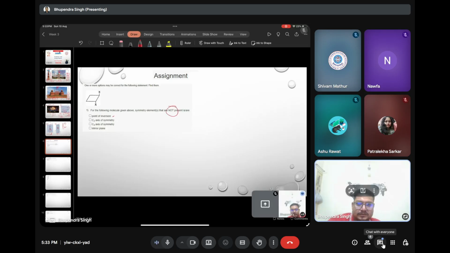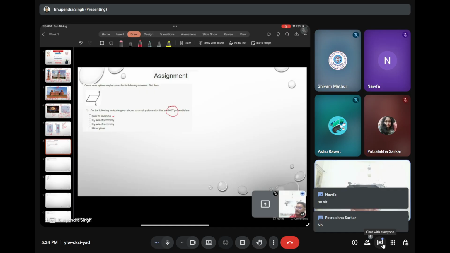So the first one is point of inversion. Is it present or not? Tell me, Ashu, this one you should answer. Point of inversion is not present.